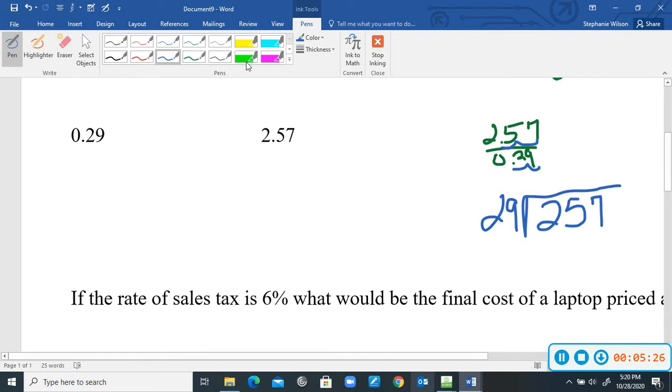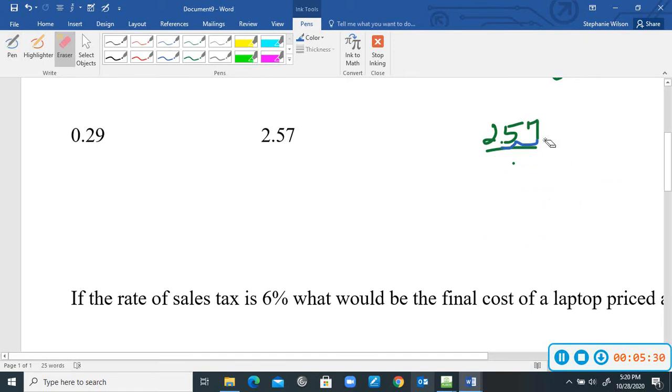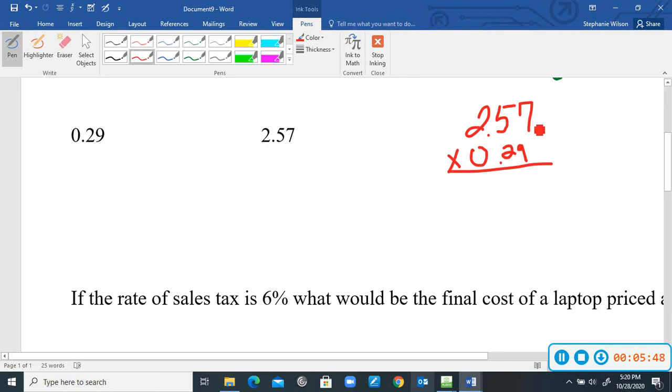Whenever you multiply by decimals, we're not worried about the decimal until the end. So we're just going to line it up as best you can over here at the side. It doesn't matter if the decimals line up. You just want to make sure you scoot all the numbers all the way over.